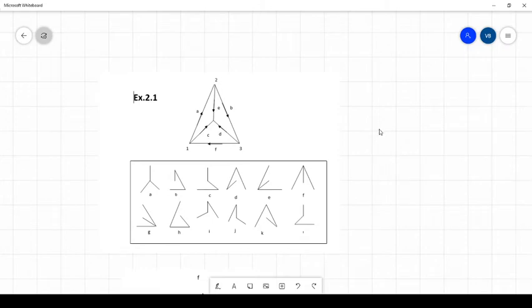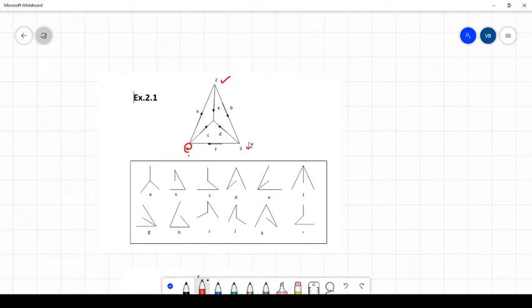This is the first example I'm going to take, which is a graph. In that graph, how many nodes are there? Just 3 nodes are there. This is the first node, node 1, this is node 2, and this is node 3.